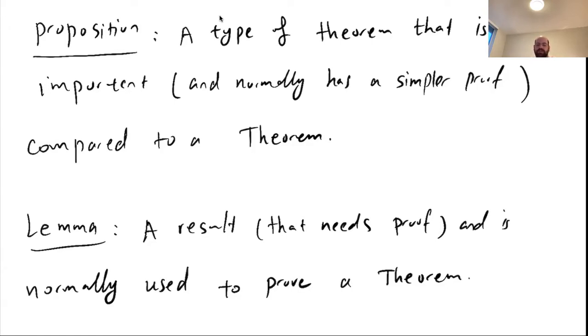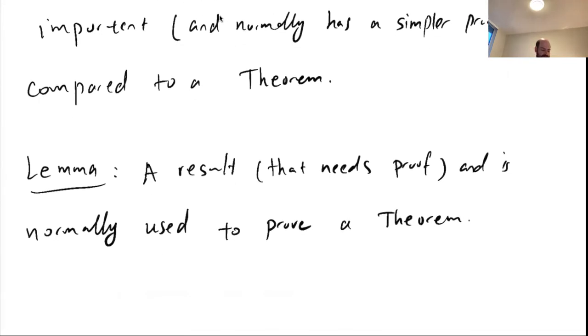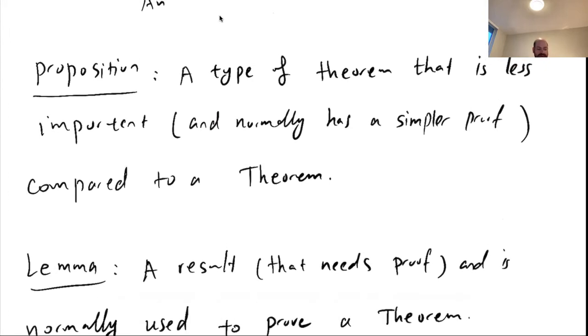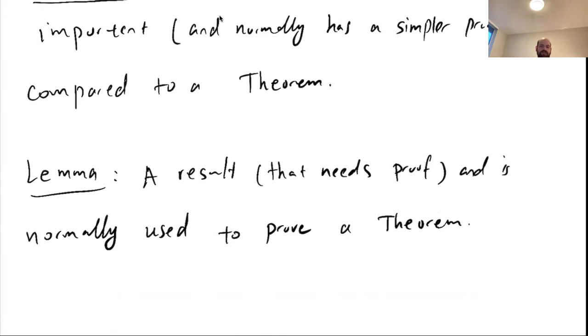So that lemma can be used to prove the main theorem, or it can also be used in other contexts as well, normally. So a lemma is minor, similar to a proposition, but the main difference from a proposition is that it is normally used to prove a major theorem.